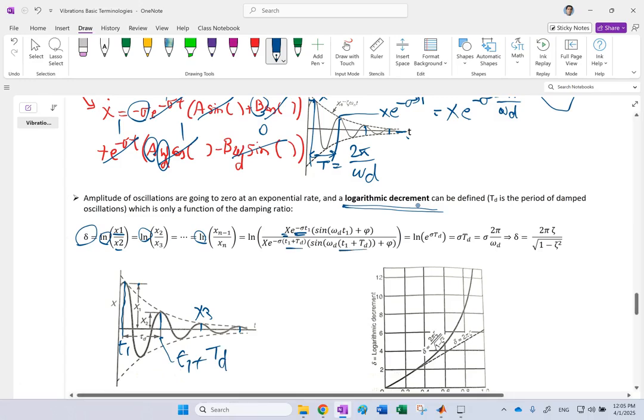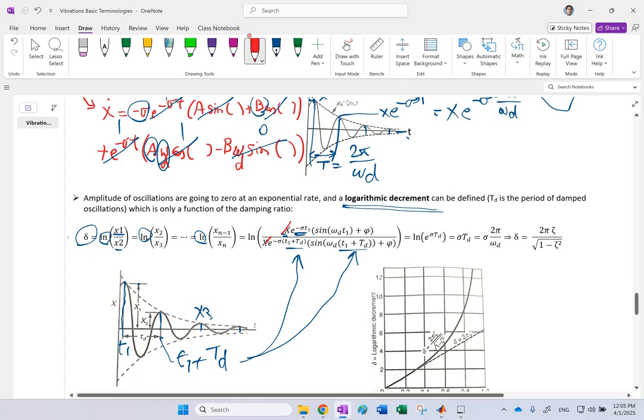So you plug that time in here, and you divide these two amplitudes and take a natural log. Okay? Now what happens? When you do that, these two x's would cancel.